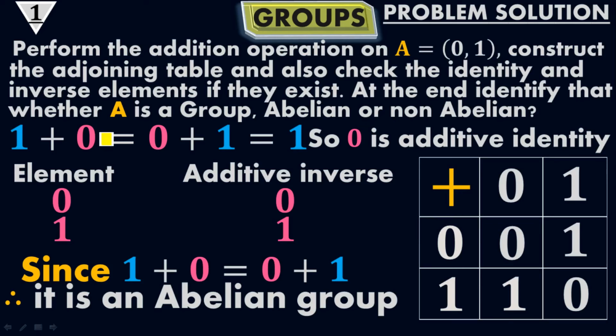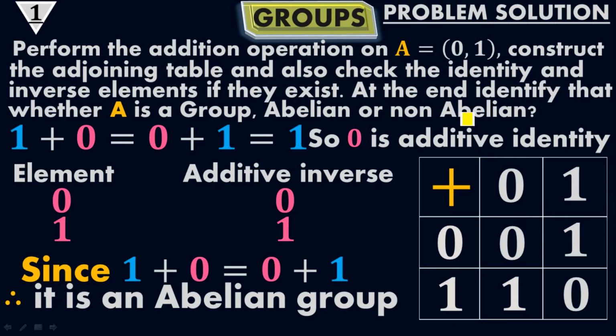It satisfies the closure law of addition: adding two elements of A belongs to set A. 0 plus 0 equals 0, and 0 is a part of A. 0 plus 1 equals 1, and 1 is a part of A. It also satisfies the associative law, because A plus B plus C equals A plus B plus C. It satisfies the additive identity law, the additive inverse law and the commutative law. So we can say that it is an abelian group. It comes under the category of the abelian group.